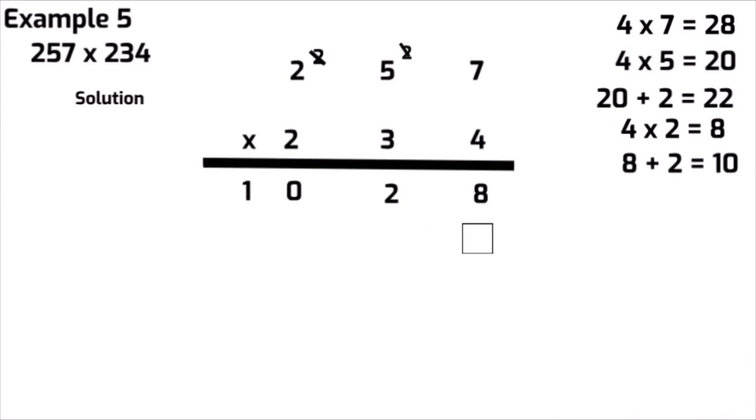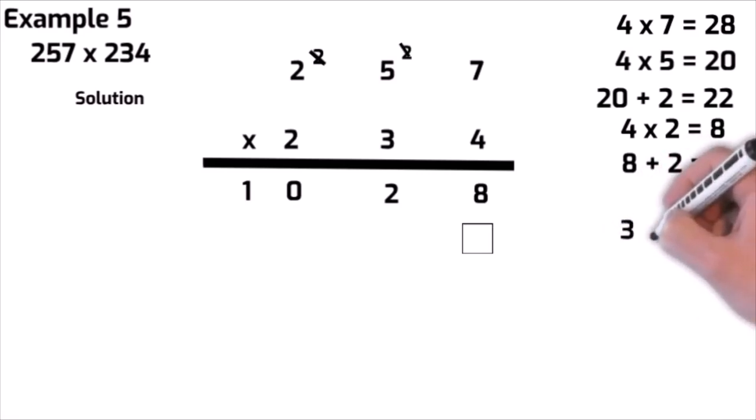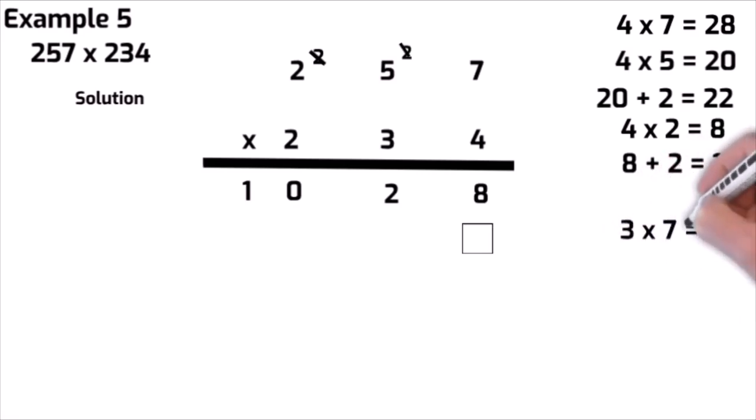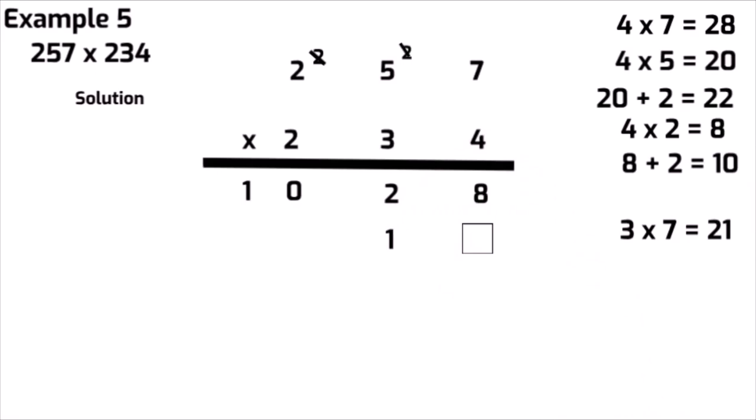Next, we need to multiply 3 times 7. 3 times 7 is 21. So we write down 1 and take 2 over.